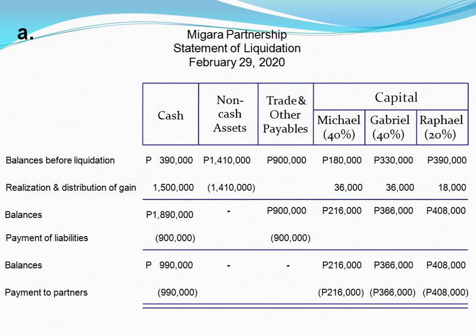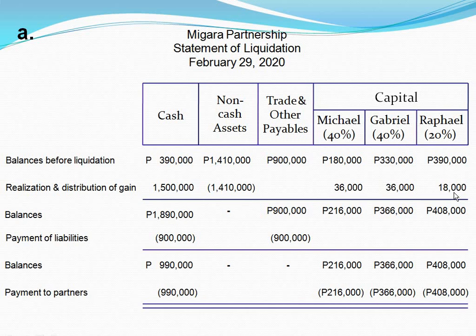Then what? The capital balances increased. So, credit Michael capital for 36,000. Credit also Gabriel capital for 36,000. And credit Rafael capital for 18,000.